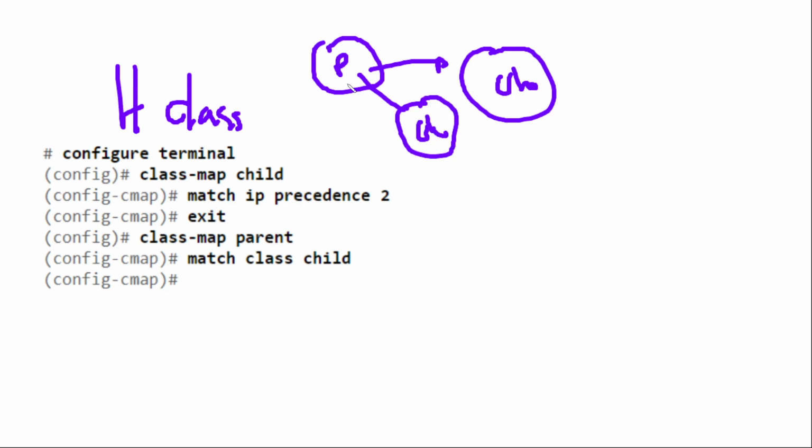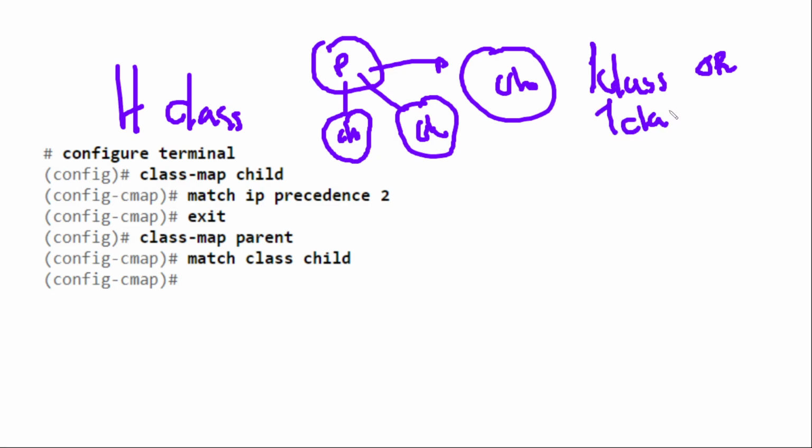This can help you if you want to achieve more complex logical operations. So for instance, remember that one class can be match any, which will be executing OR, and also one class can only be match all, that will be executing ANDs.